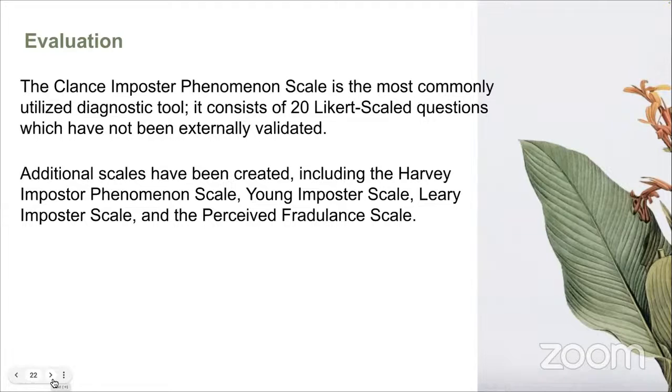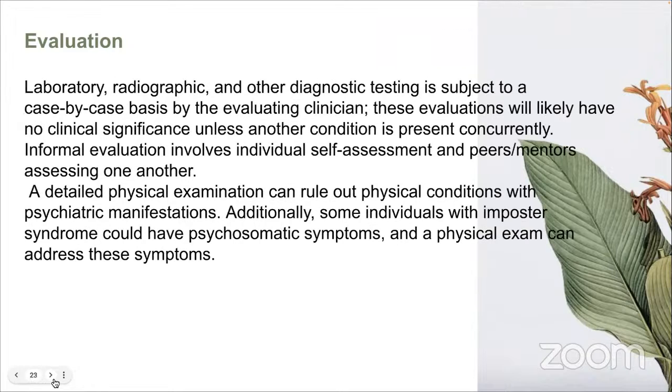There are also additional scales that have been created, including the Harvey imposter phenomenon scale, Young imposter scale, Leary imposter scale, and the perceived fraudulence scale. Regarding laboratory, radiographic, and other diagnostic tests, they are not usually done for everyone with suspicion of imposter syndrome, but are subject to a case-by-case basis by the evaluating clinician.